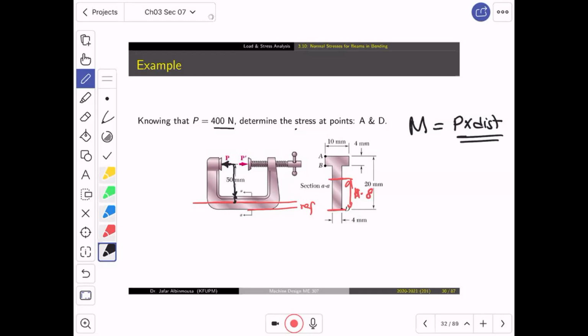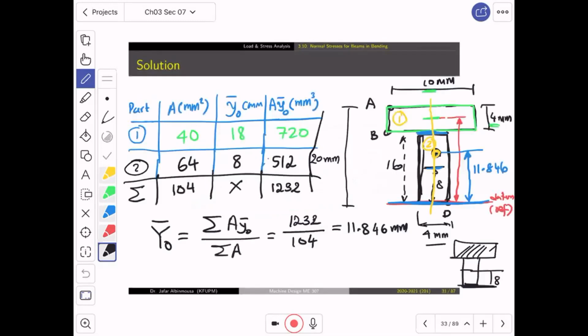So what we need to do is to find that distance. That distance we are going to call E, the eccentricity, which is how far the load is eccentric from the cross section. So it is equal to 50. That 50, you remember it, right? But then plus what?